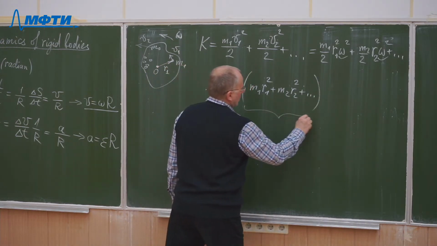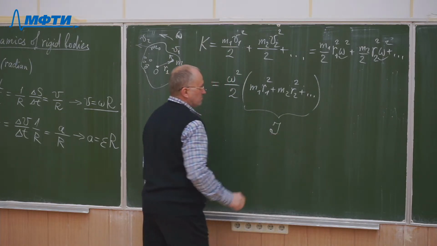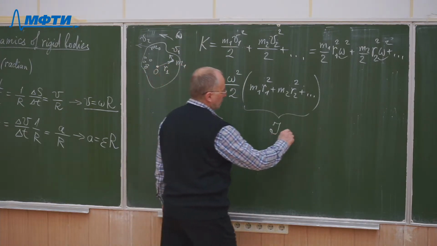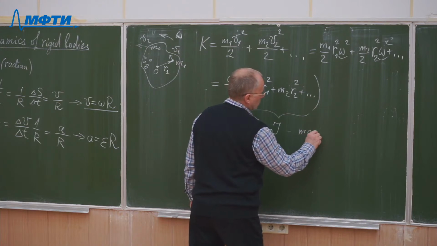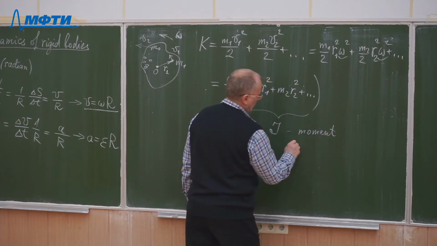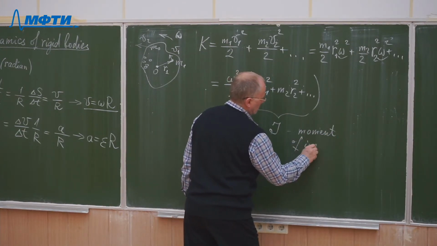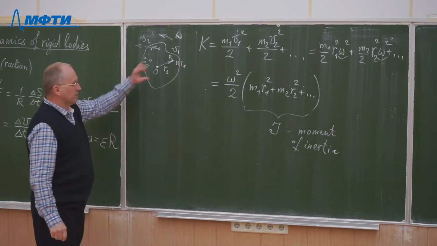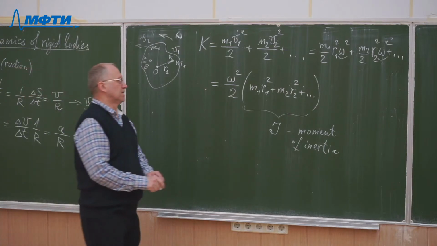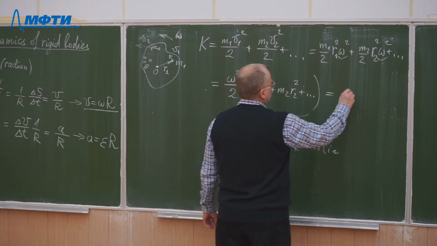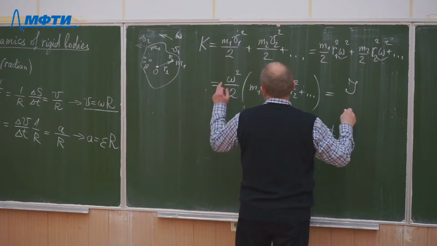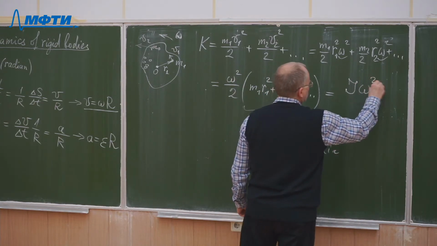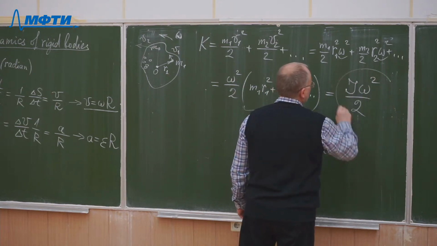This round bracket is called moment of inertia. So this is a moment of inertia of the rigid body. So the final formula will be moment of inertia times omega squared over 2.